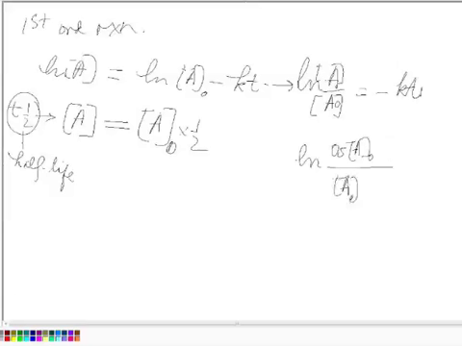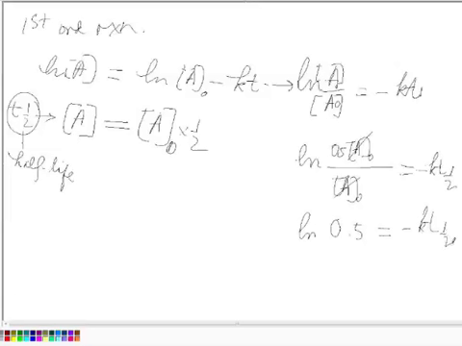So A0 cancels, and we get ln of a half equal to minus K t half.